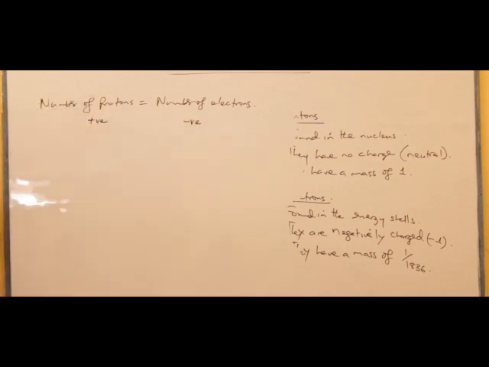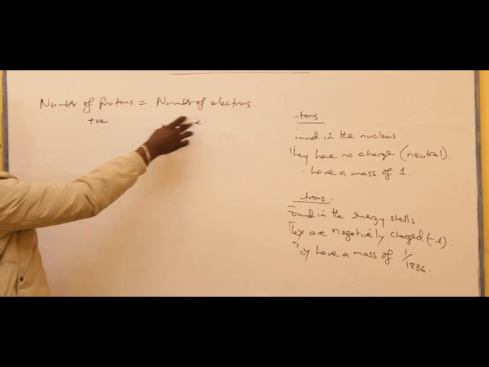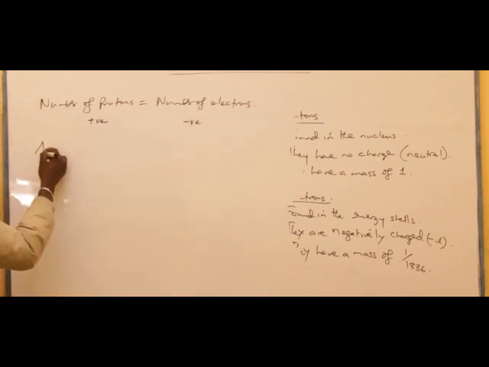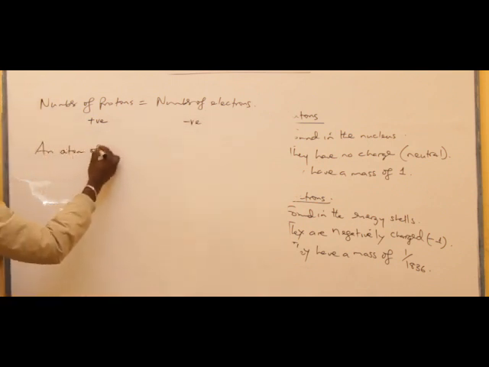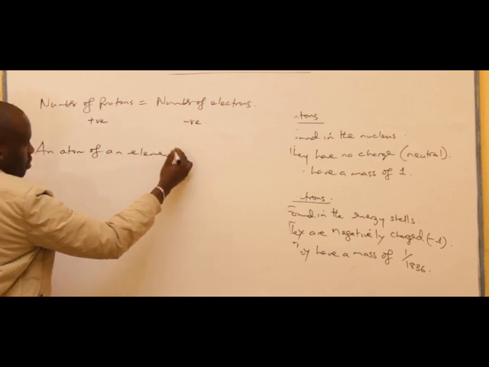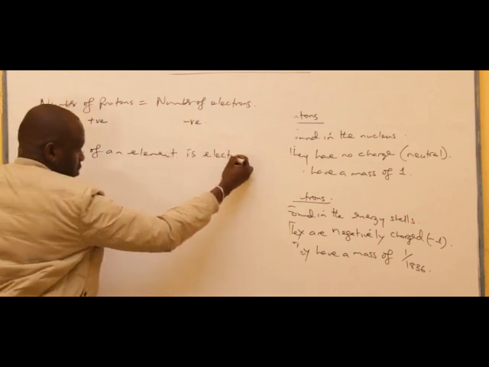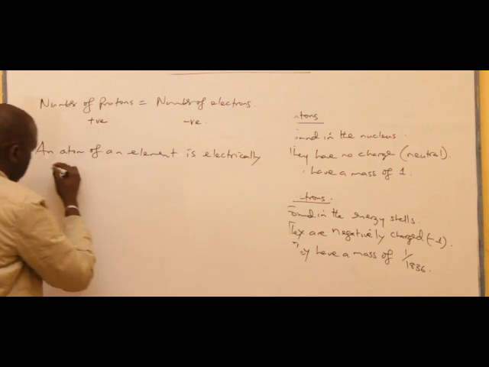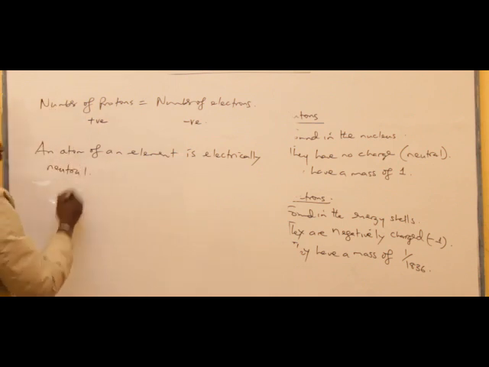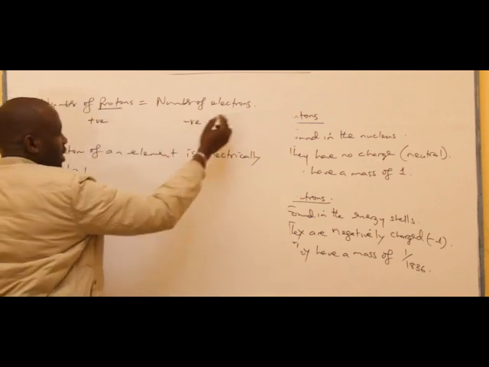So we say in an atom, if the number of protons is equivalent to the number of electrons, therefore an atom of an element is electrically neutral. An atom of an element is not positively charged, it is not negatively charged. Why? Because the number of protons is equivalent to the number of electrons.